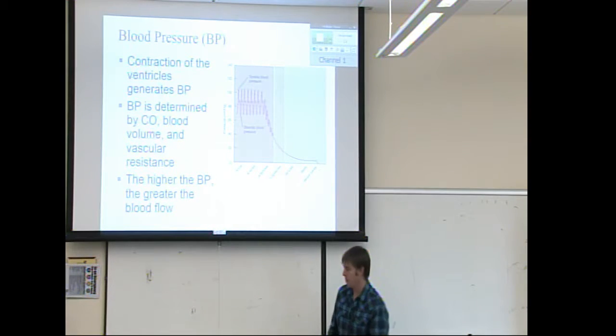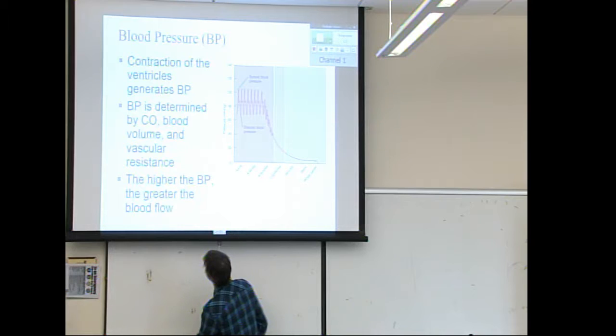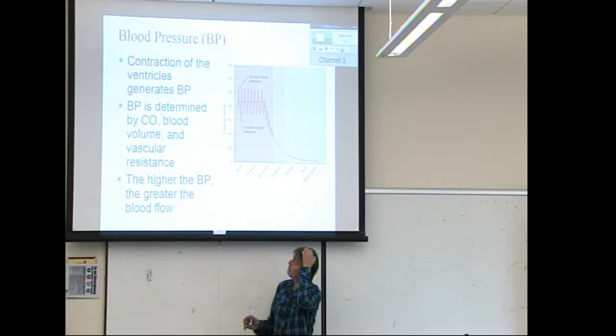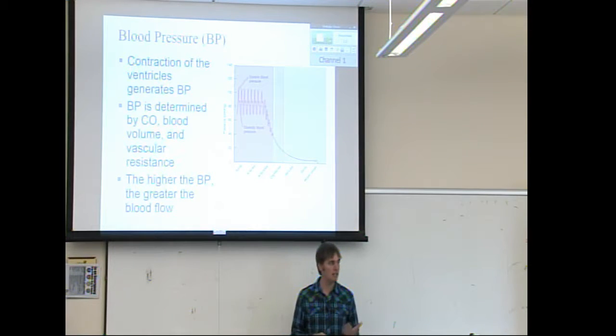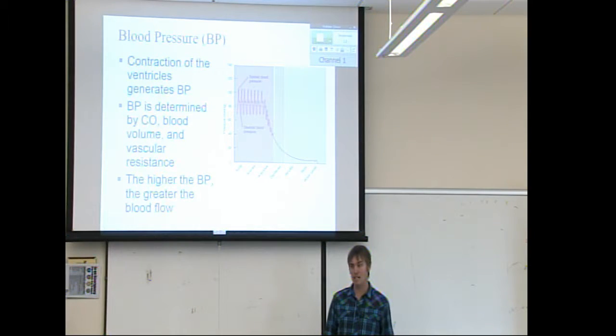So you kind of think of that. By like the blood volume, you could change the amount that way, or you can change the size, which would be like vasodilation or constriction in certain places. Or you can change cardiac output. Because if you're pumping more blood, what do you think is going to happen to the pressure? It'll go up, right? So there's all different ways you can kind of change it.